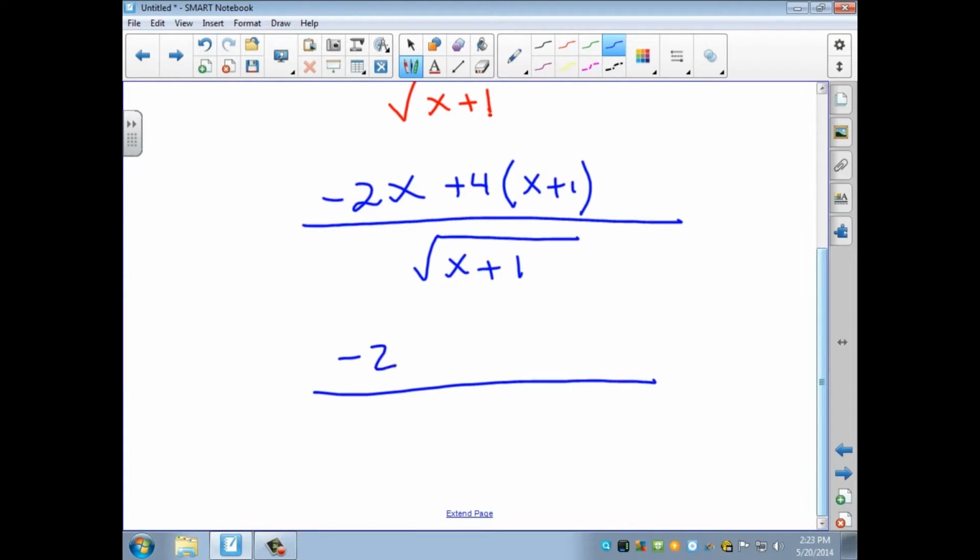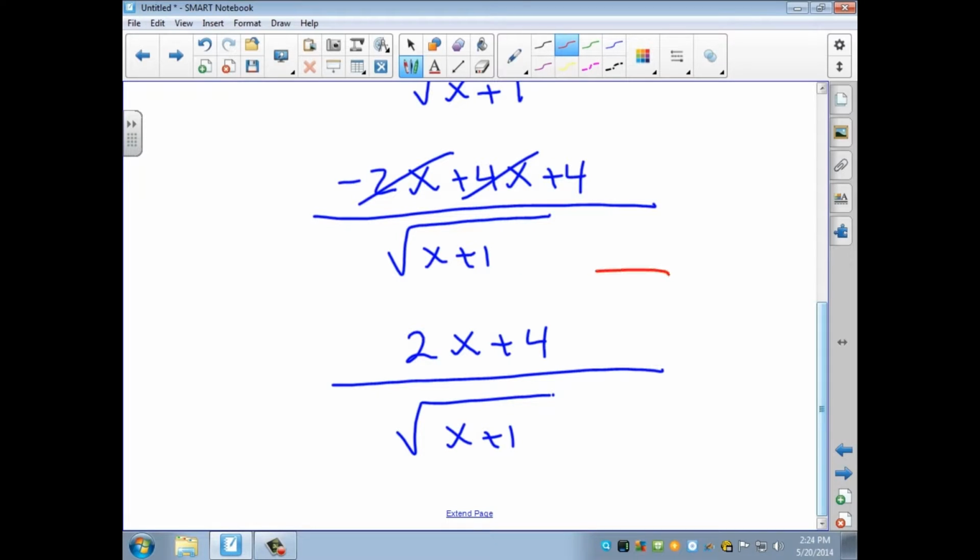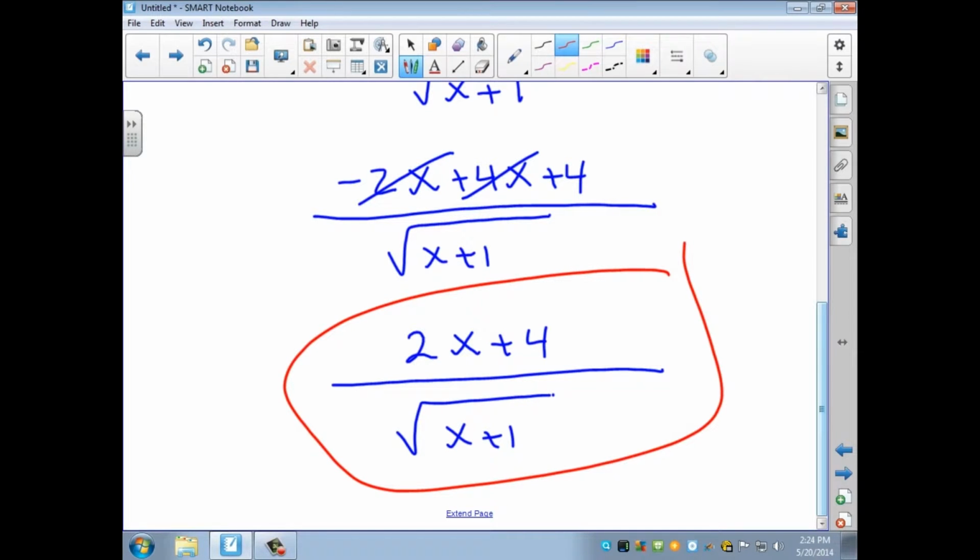So minus 2h plus 4h plus 4 divided by square root of h plus 1. The numerator minus 2h plus 4h is 2h plus 4 divided by square root of h plus 1. That is the final answer.